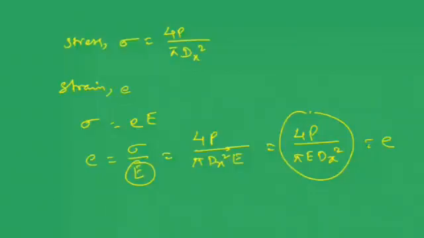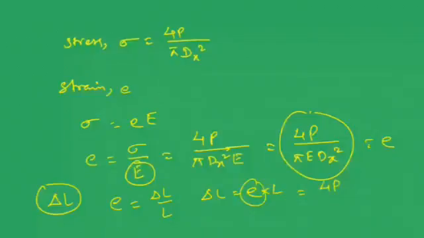Then the next one is the elongation, that is del L, and for this we'll use this relation, strain is equal to del L by L. So del L will be equal to epsilon into L, which means I'll be getting here 4P, the strain, what is the value of epsilon? 4P by pi E Dx square into L. So I'll be getting L here.